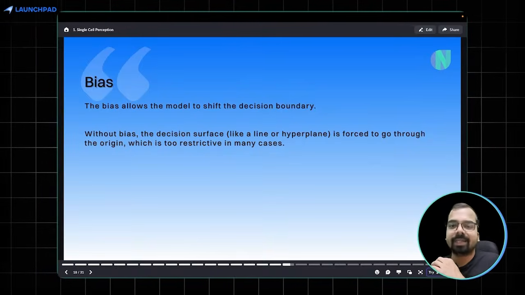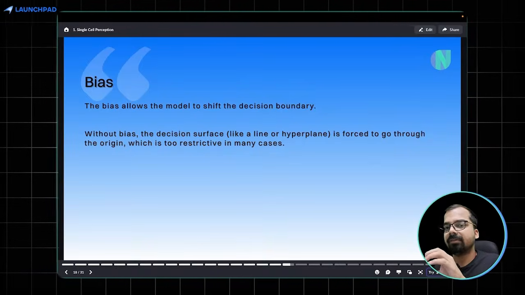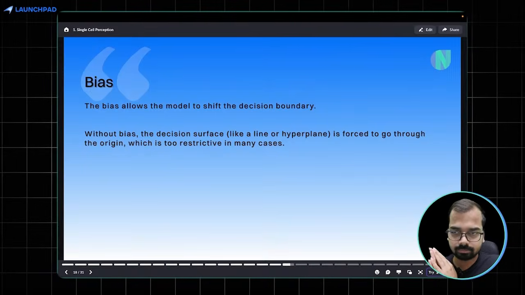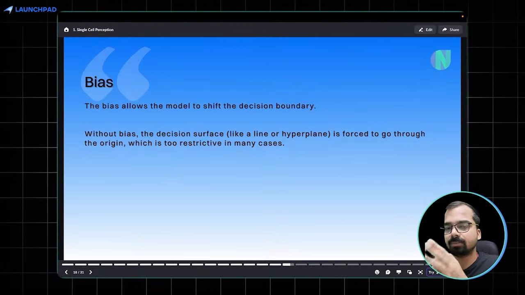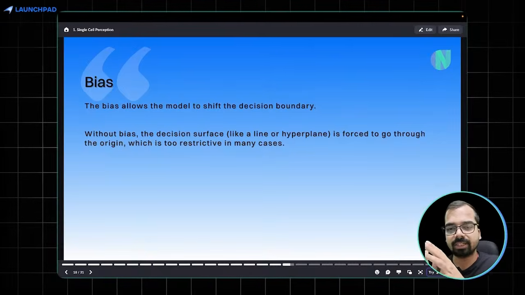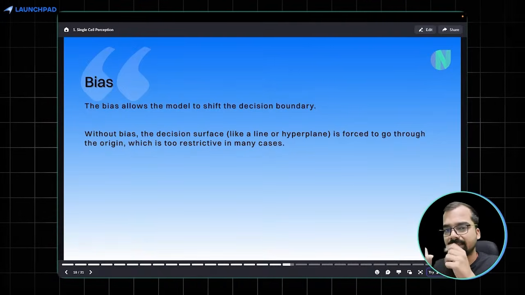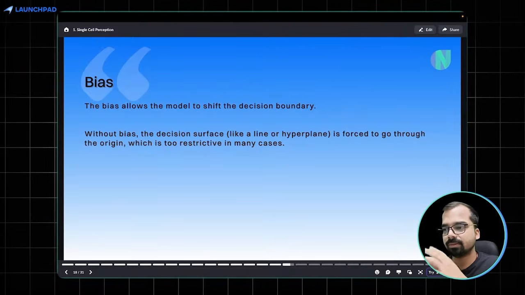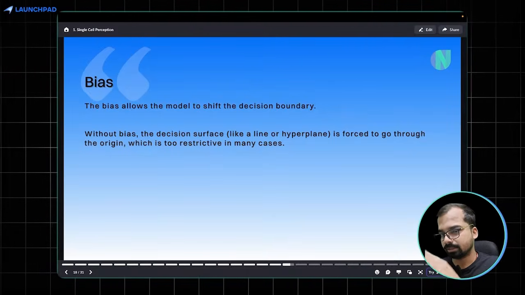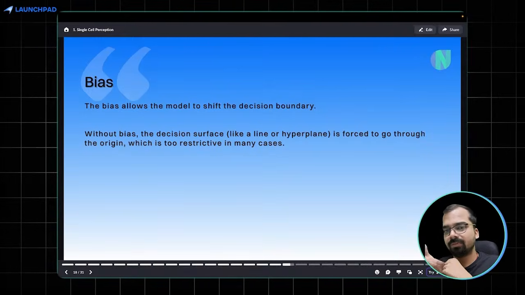If we don't have a bias term, the decision boundary will always pass through the origin, right? So if our equation was w1x1 plus w2x2 plus w3x3 greater than or equal to 0, and we don't have a bias term, y equals mx plus 0, there is no bias. So these equations will always pass through the origin.